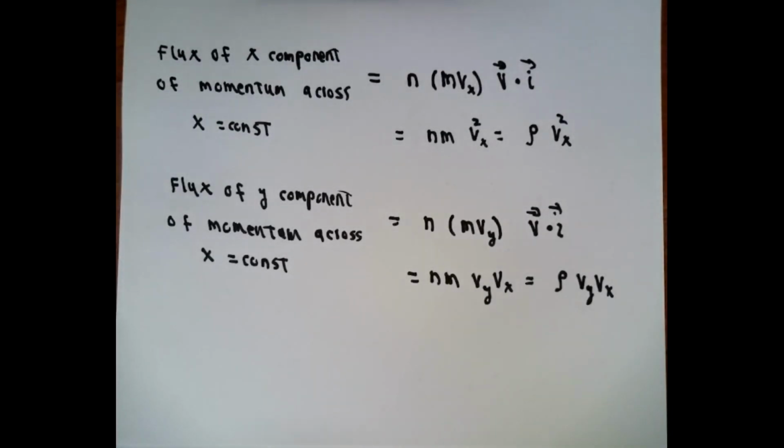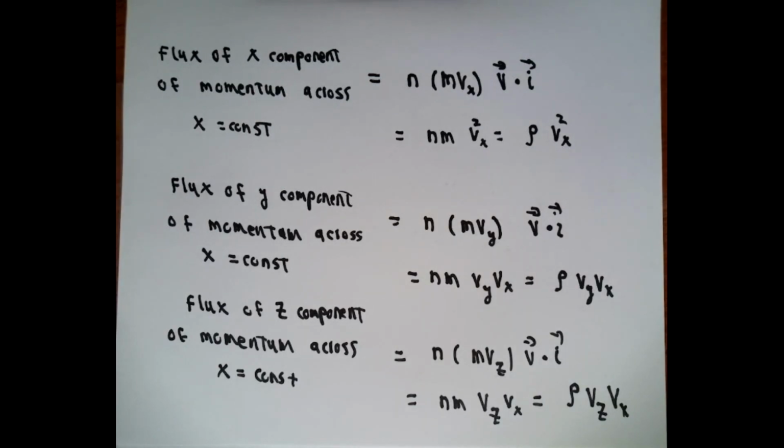The flux of y momentum across a surface of constant x is the number density times the amount of momentum in the y direction that each particle carries times the velocity vector dot product the normal vector. In this case, this reduces to the mass density times vy times vx.